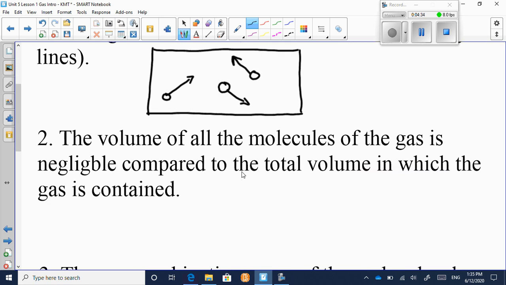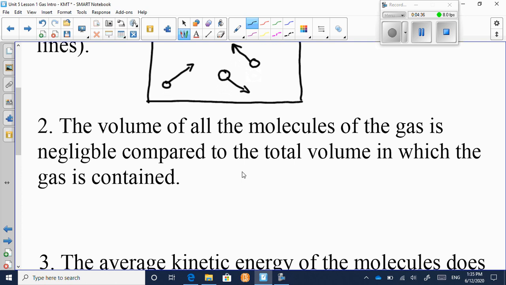Part number 2 says the volume of all the molecules of the gas is negligible compared to the total volume in which the gas is contained. Basically, it doesn't matter whether you're dealing with a big molecule or a tiny particle like the size of an atom. The size of the gas particle does not matter.